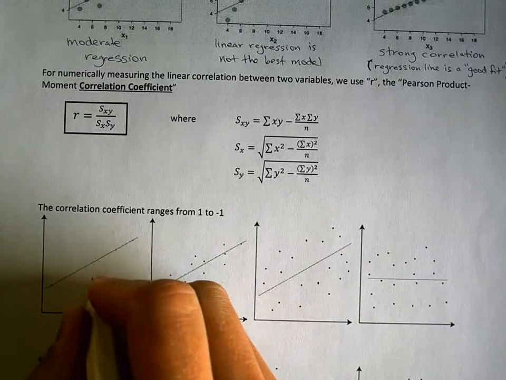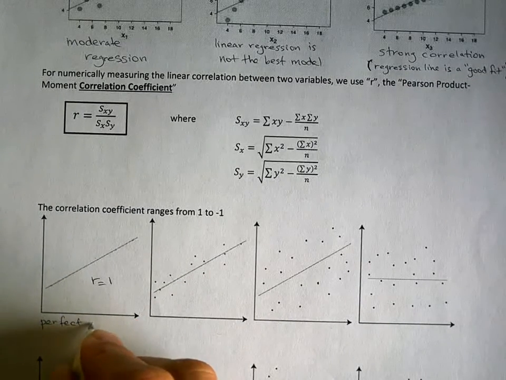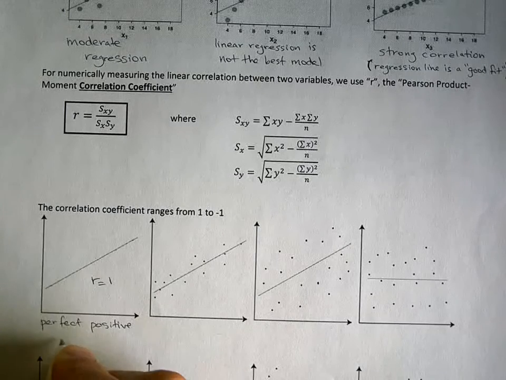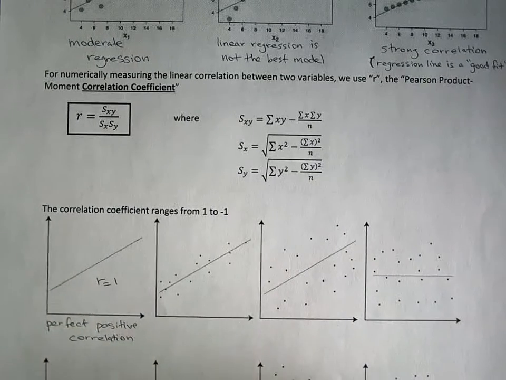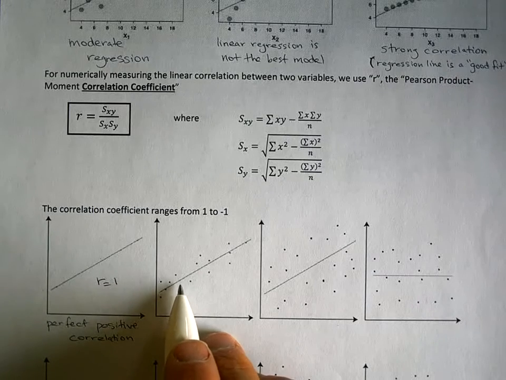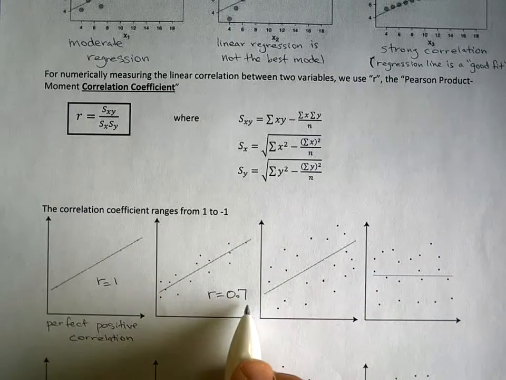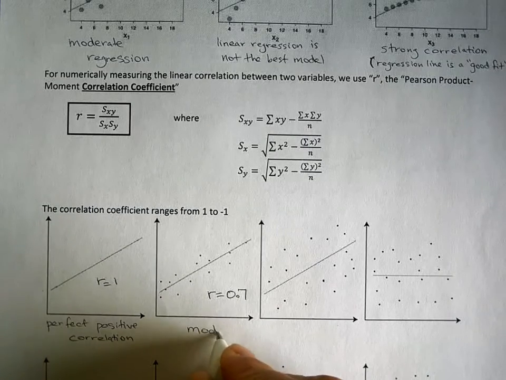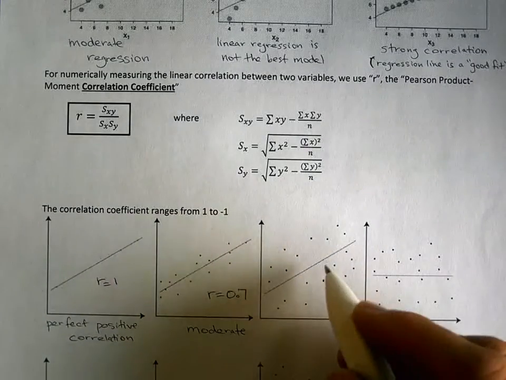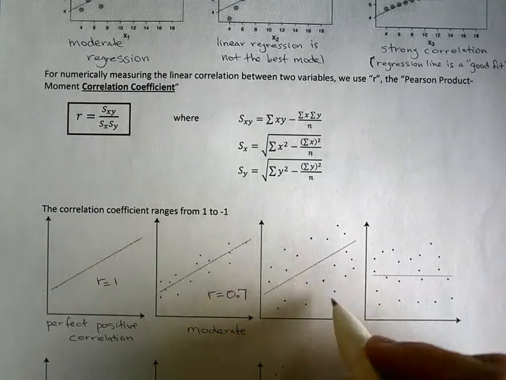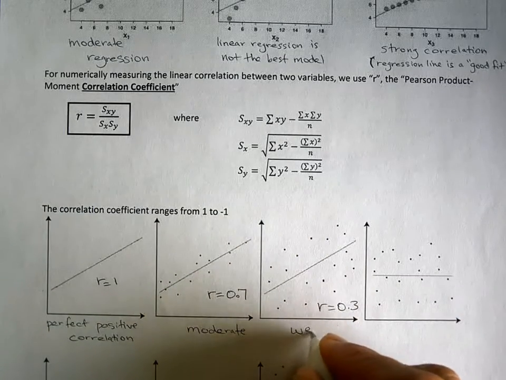R equals 1, well, that's a perfect correlation, a perfect positive correlation. If the calculator spits out 0.7, that is a moderate correlation. If the correlation is weaker, so you can see here that it's very spread out, the calculator would spit out a much lower R value, weak.